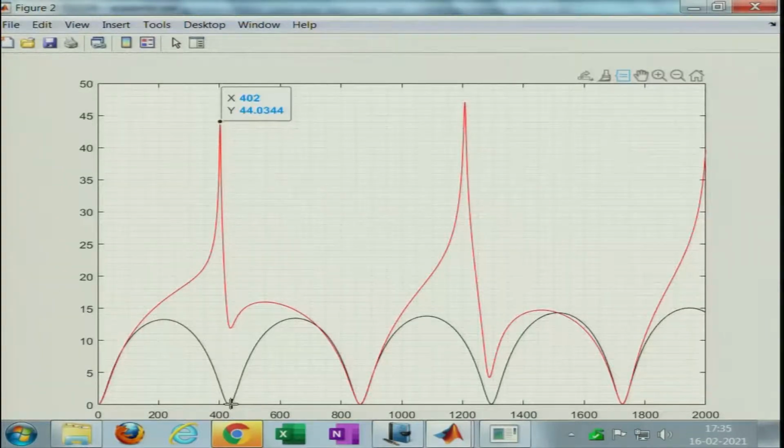So, the first trough is observed as the first resonance frequency of the whole chamber, that is at F equal to C naught by 2L. So, 343 divided by 0.8, you will get about 428 or something like that. Okay. You will get 428 if I were to click this.